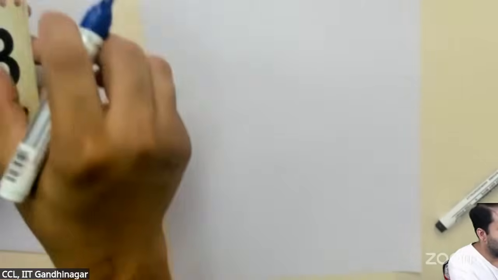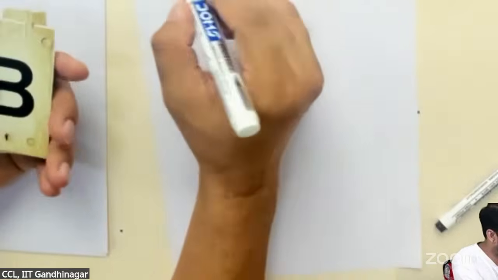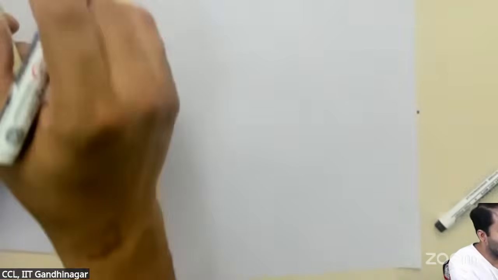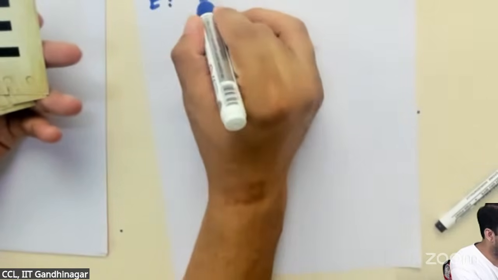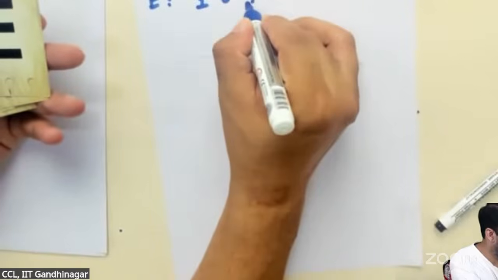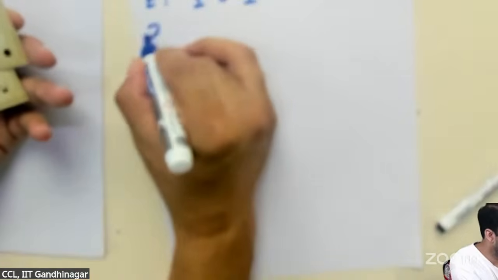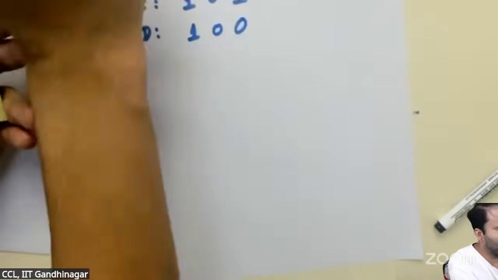All right. The next one is B, which is a 2. So I'll write this as 0, 1, 0. The next one is E. So I'll write here 1, 0, 1. The next one is D, which will be 1, 0, 0.